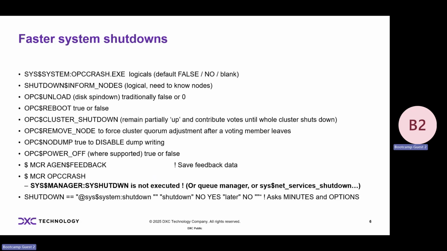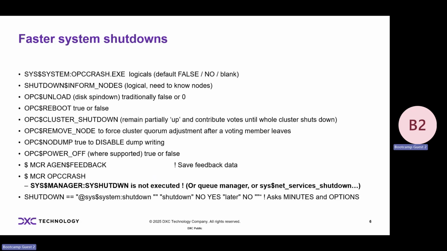$AGEN feedback. So MCR, monitor console routine. That's why you might see people saying, you could just say run the program, run system, but I use the old school MCR. And then you can simply say MCR, OPC crash, bang, down it goes. And if you define your reboot, it'll come back for you.